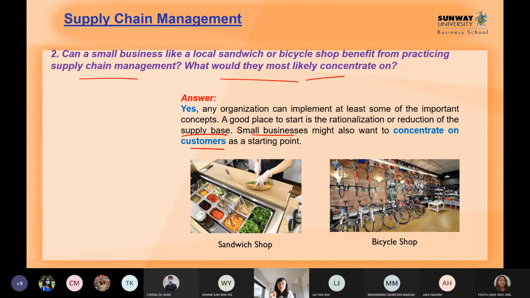This is related to customer service operation already. This is a starting point so that you become a loyal customer to that nasi lemak store. Okay, how about a bicycle shop or car workshop? Are you going to the same car workshop to service and repair your car, right? Because there is a service operation concept.